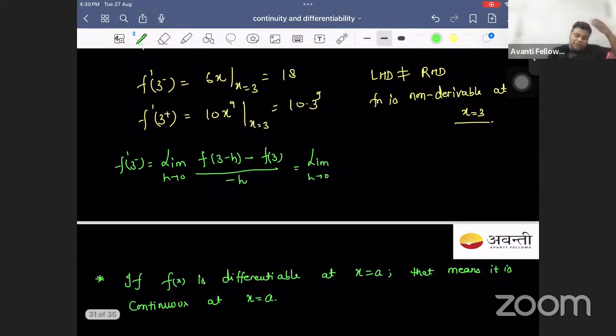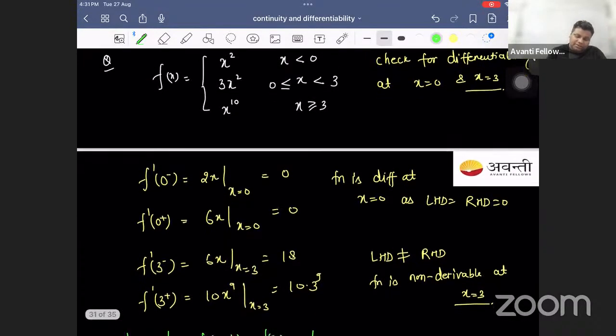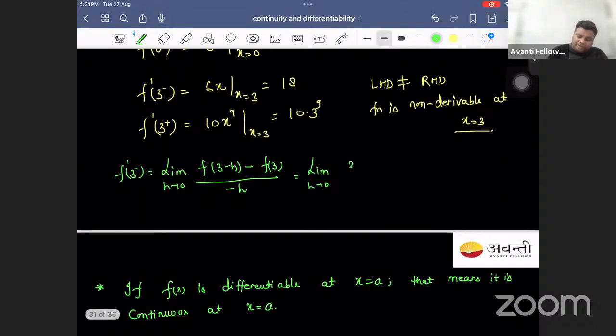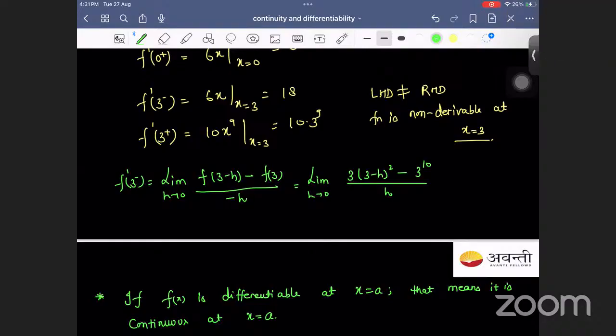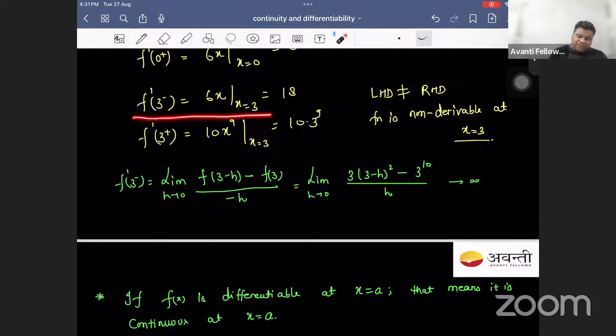F of 3 minus h is 3 times (3 minus h) whole square, minus f of 3. F of 3 will be 3 to the power 10, upon h. Got it? As h approaches 0, the denominator is 0, but the numerator is non-zero. So this value goes infinite. Whereas from the earlier method, we are getting left-hand derivative as 18.